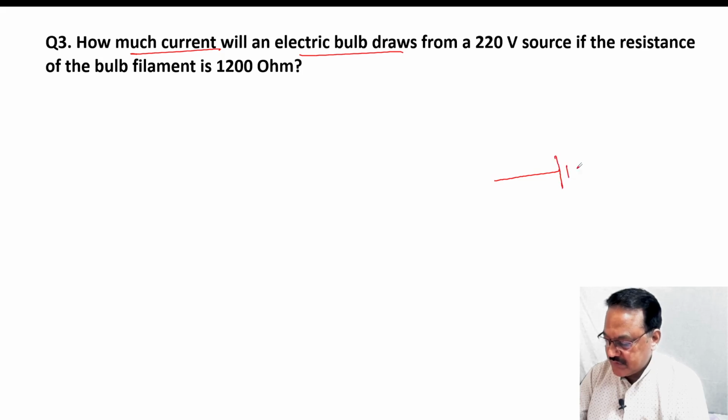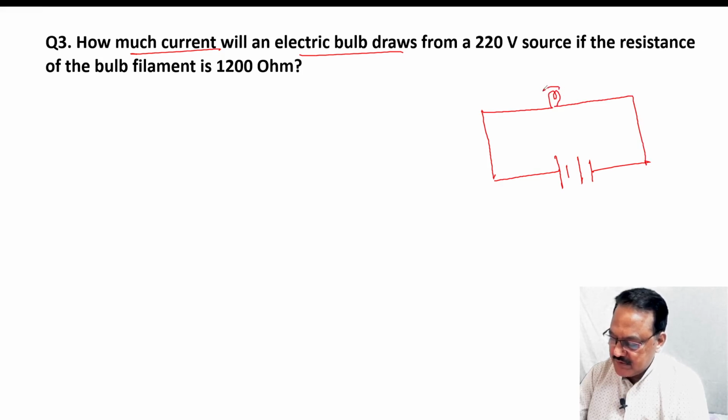This is the battery, fine. One bulb is given here. Let us suppose this is the bulb in the circuit. Current will flow from positive to negative terminal. Okay, this is positive, this is negative, like this.